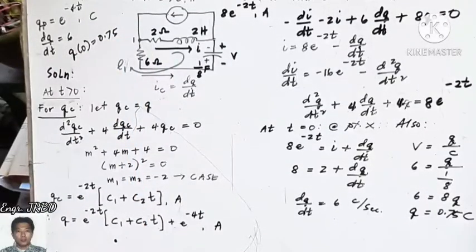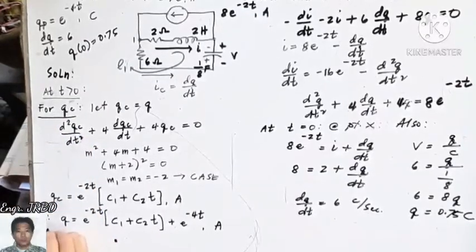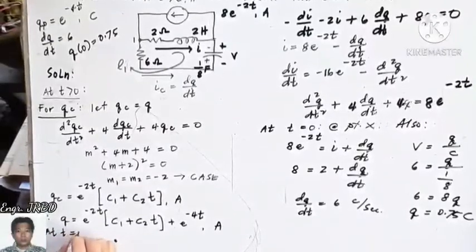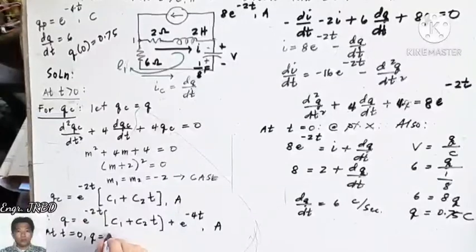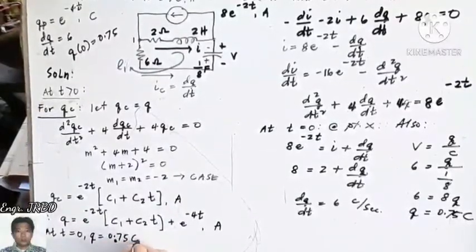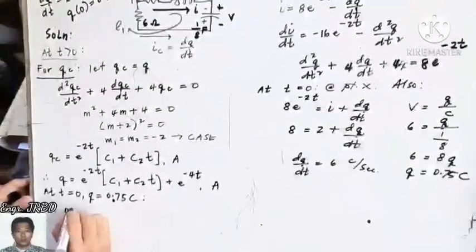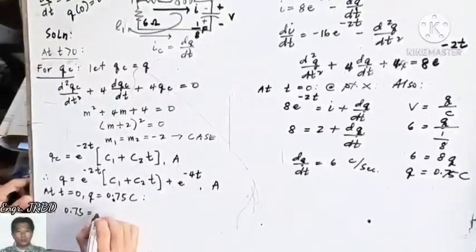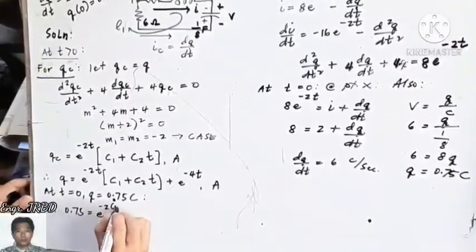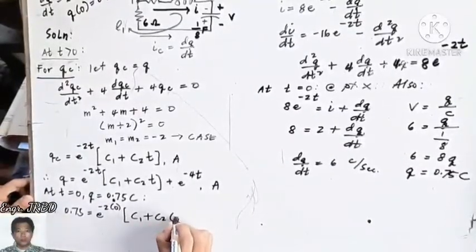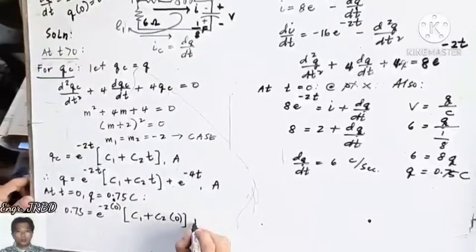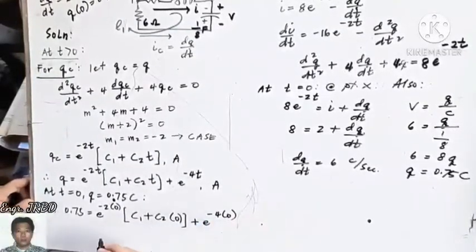Okay? So making use of these conditions now, at time t equals 0, the initial value of Q is 0.75 coulombs. So we will now have 0.75 equivalent to e raised to negative 2 times 0, times C1 plus C2 times 0, plus e raised to negative 4 times 0.